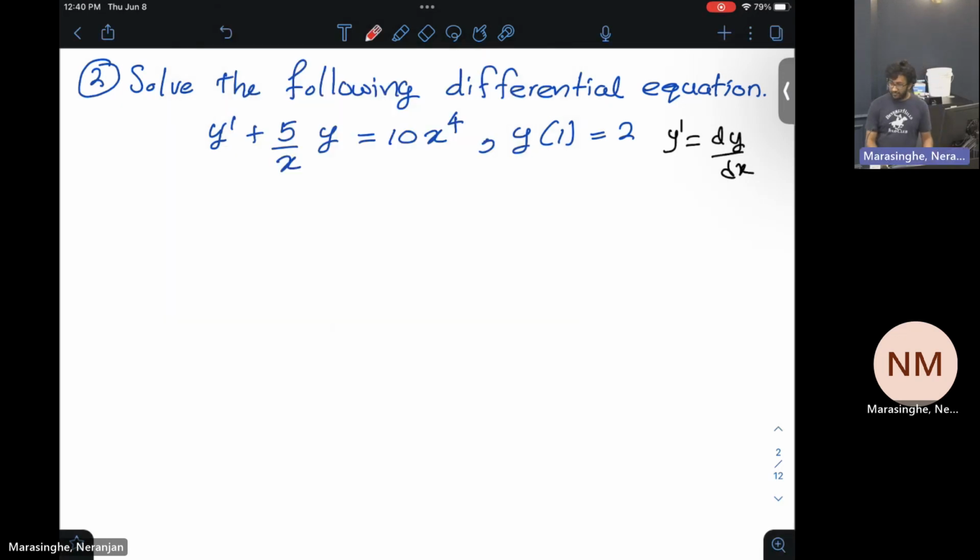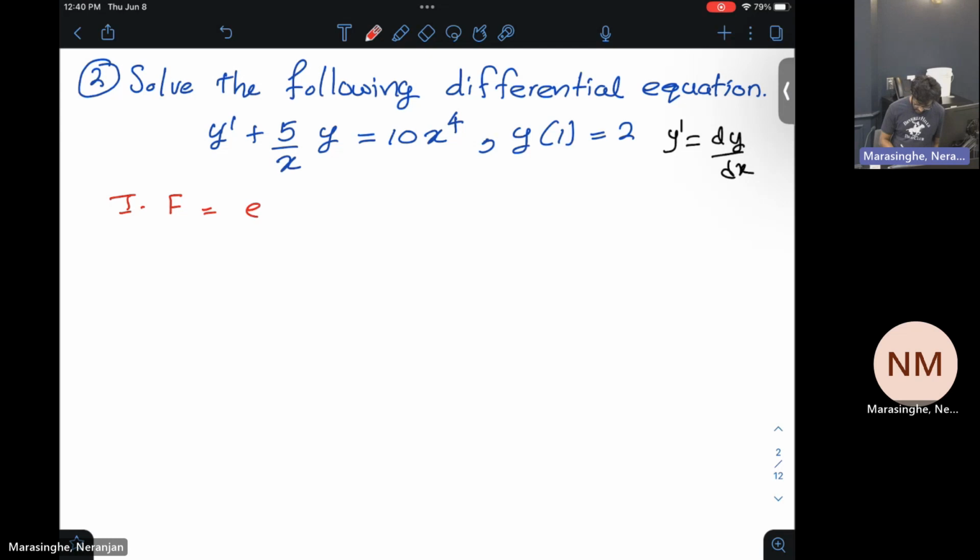To define the integration factor, that's our first goal. X to the fifth. Let's check.